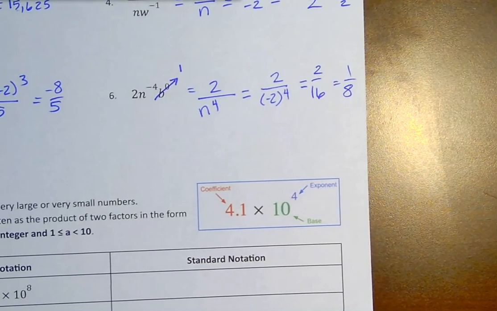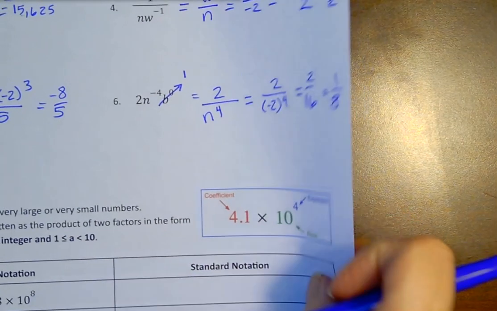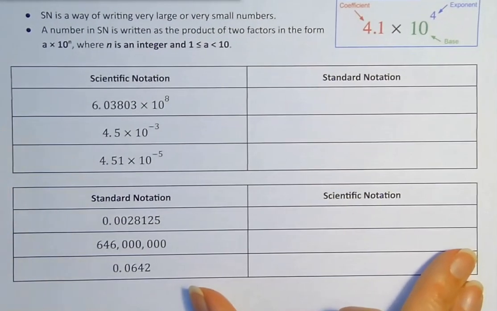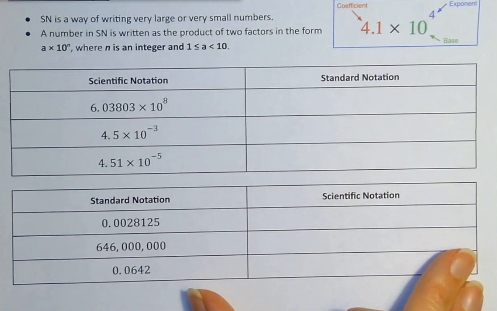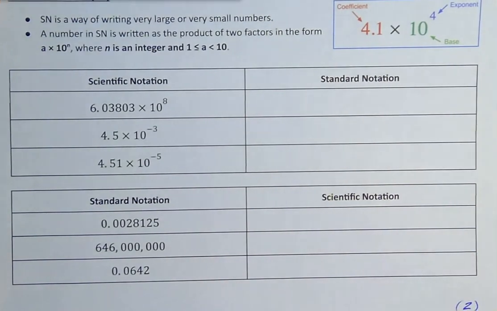All right, so yay, time for scientific notation. Scientific notation is super helpful when you're talking about really, really small things and really, really, really big things. So we might be talking about the weight of some very small bacterium or something.